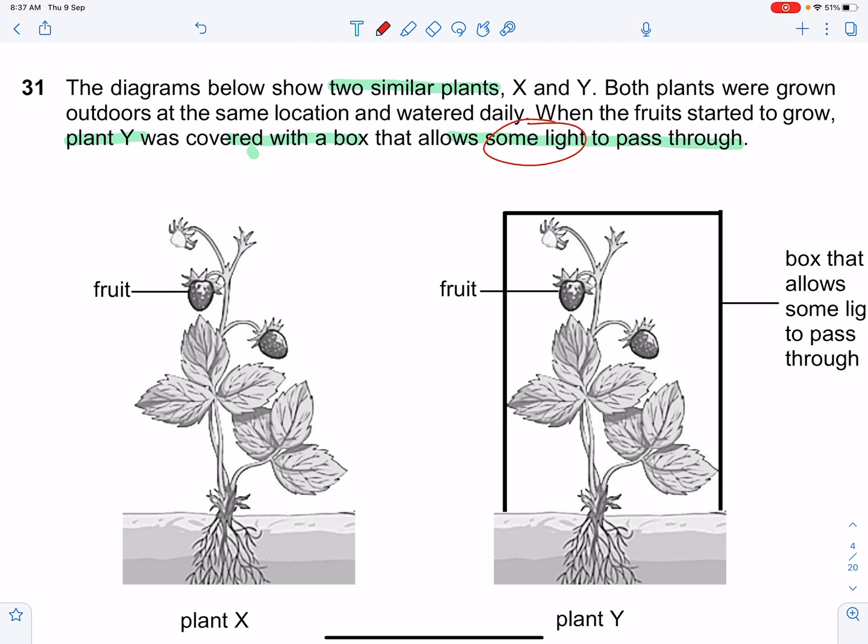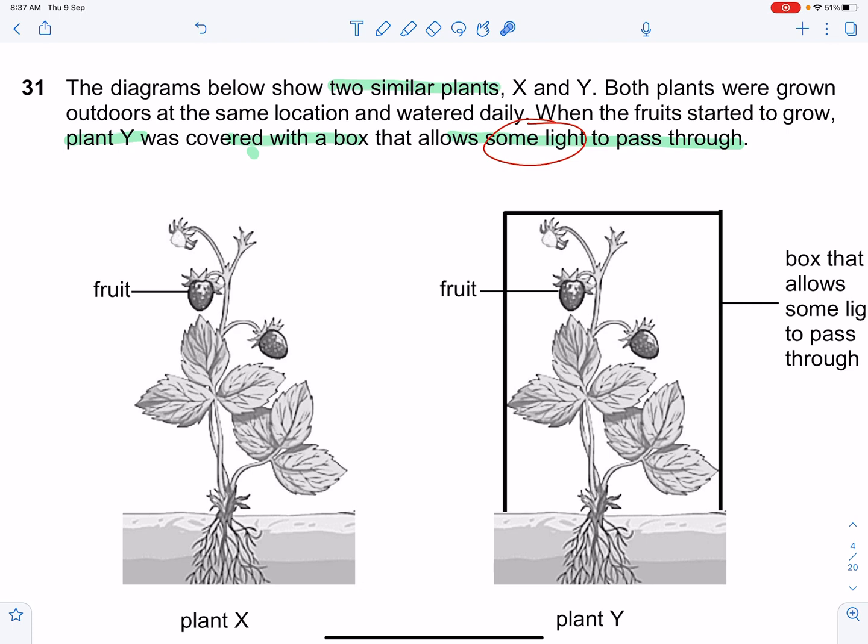Okay, now, some of you did not read the question carefully. The question told you that some light is able to pass through Y. But you wrote it as no light. You would say things like, oh, the plant Y was unable to receive any sunlight, hence photosynthesis cannot happen or did not occur.